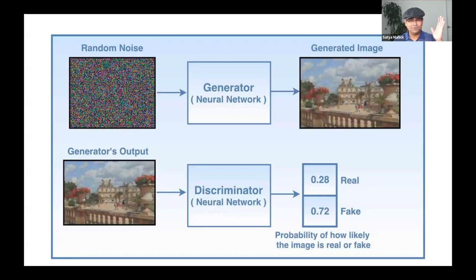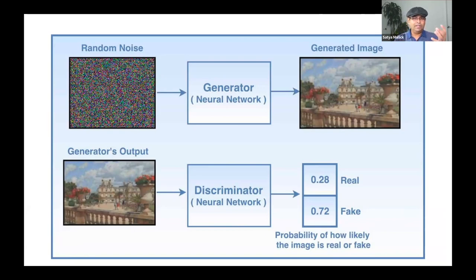The student is trying to generate an image and say, do you think this is a real image from the distribution it was trained on? And the distribution in this case could be different scenes of different buildings, etc. And the job of the discriminator is to say whether it is true or false, what is the probability that this image is fake versus real.